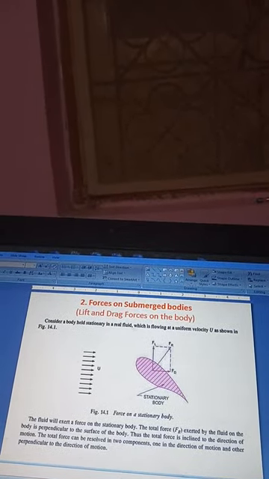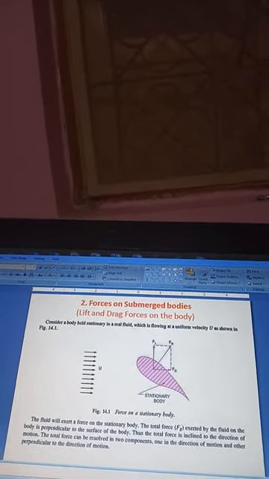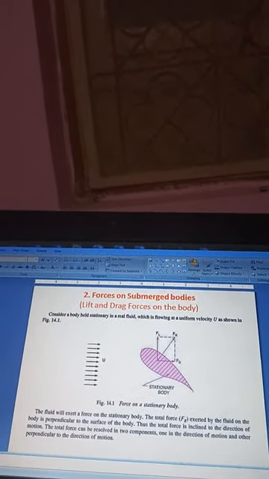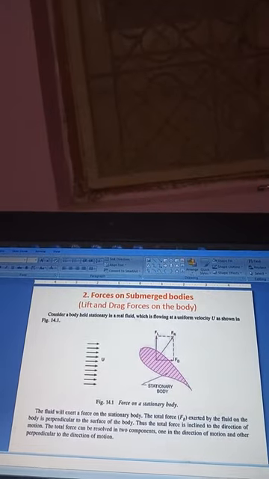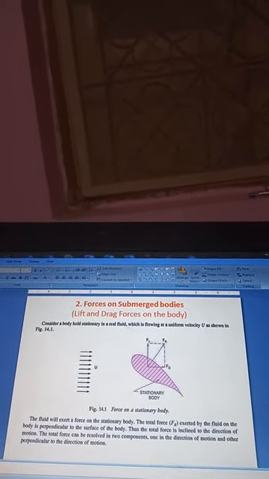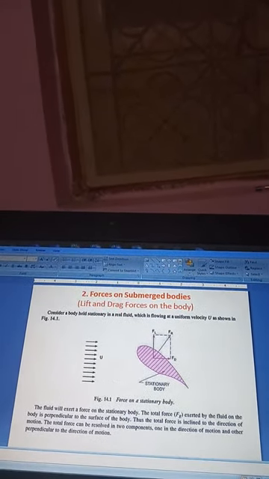So if you see in the figure, when the fluid is hitting the solid body, which is kept at some angle with the horizontal, then the fluid is striking the inclined body in the normal direction.